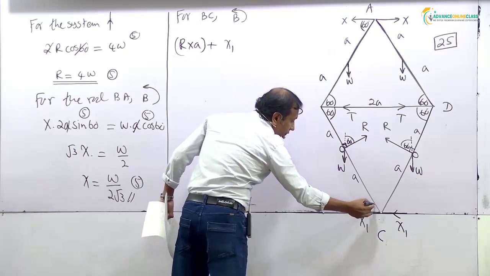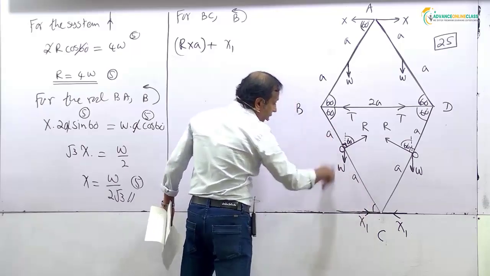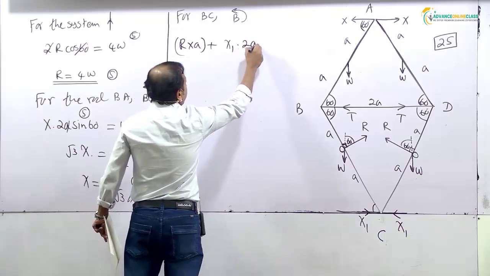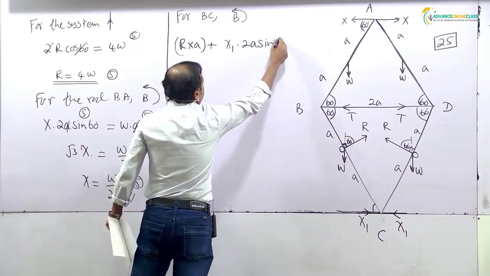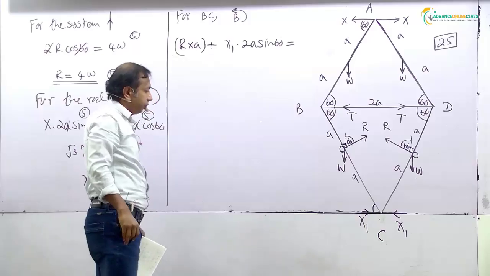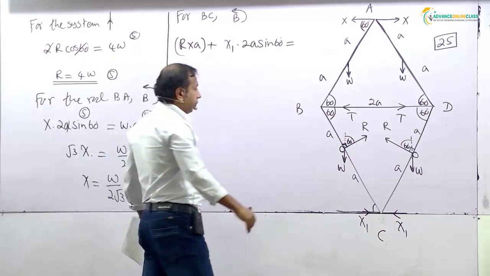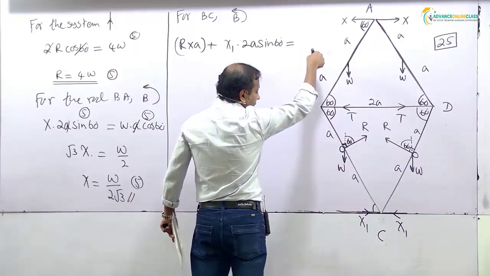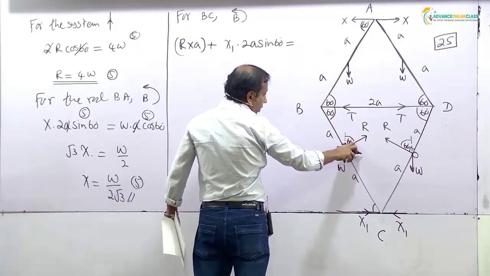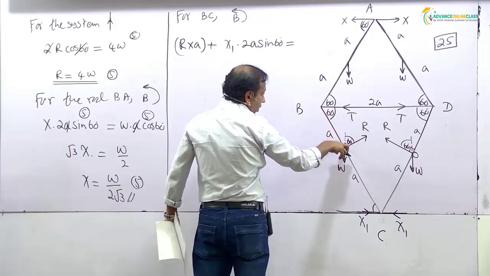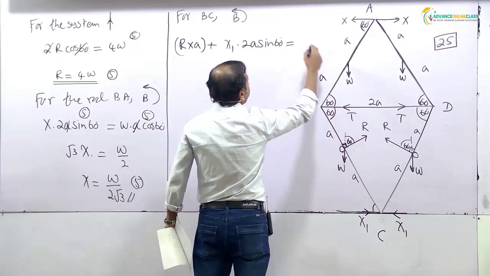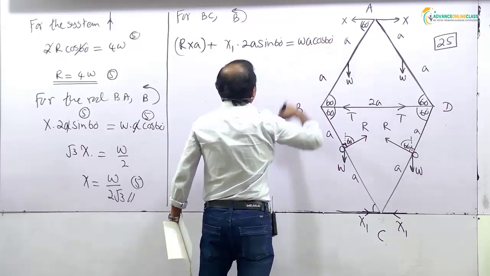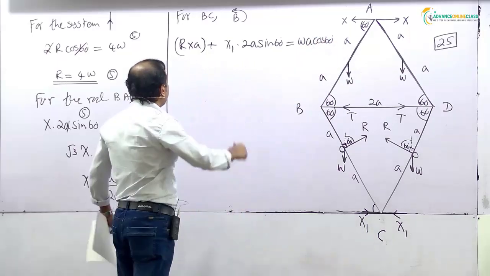If this is 60, 2A sine 60. W gives this a clockwise moment. Here 60, this is 60, then A cos 60. A you can cancel now.